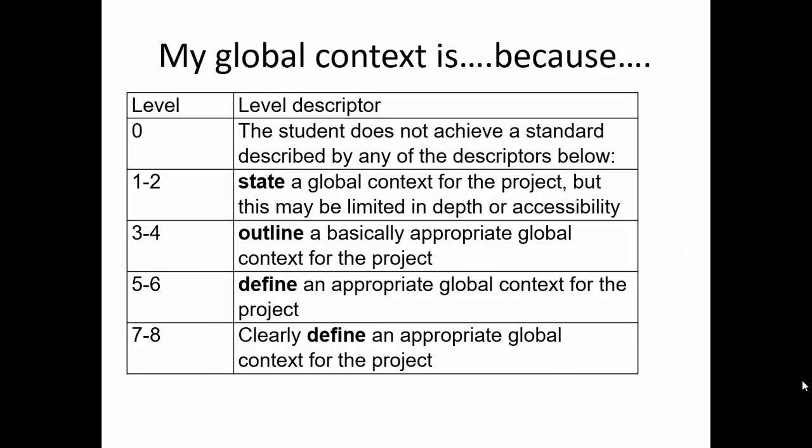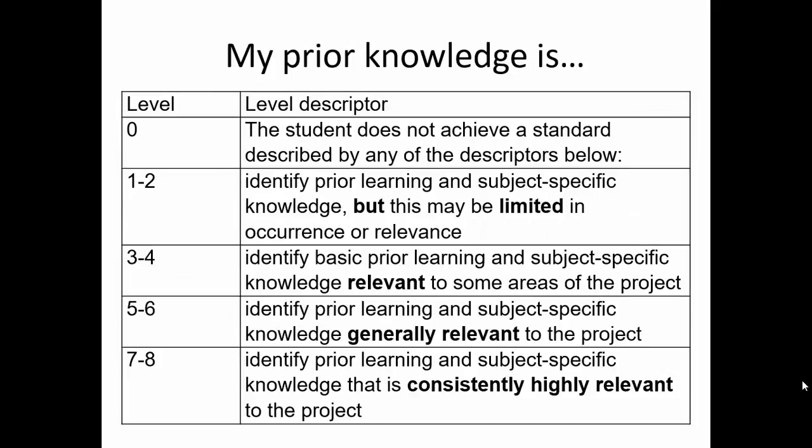You're also asked to do a process journal entry about which global context you've chosen and why. So clearly define why it's an appropriate global context for the project that you have in hand, and how that global context has impacted the goal in some way. Prior knowledge: you're asked to explain what prior knowledge you have in all of the areas of your personal project.